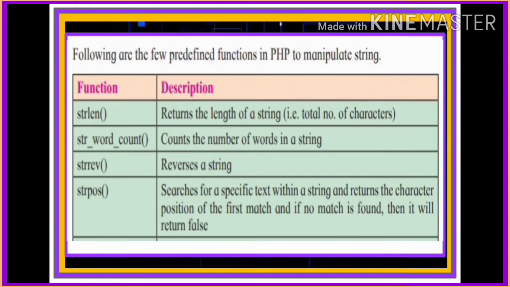Third is strrev function, which returns reverse string, means displays a string in a reverse order. Fourth function is strpos function. This function searches for a specific text within a string and returns the character position of the first match, and if no match is found, then it will return false.